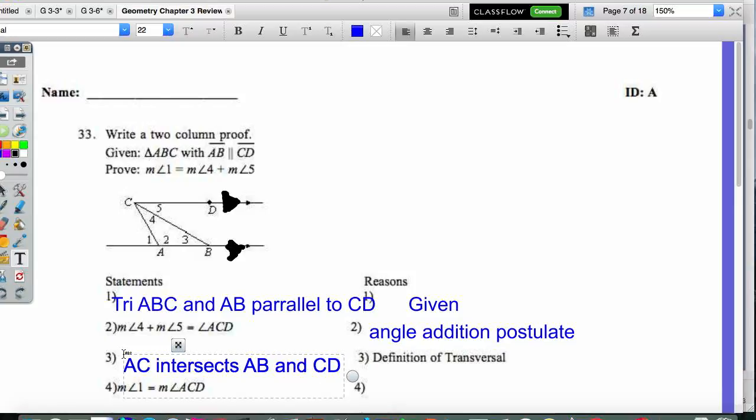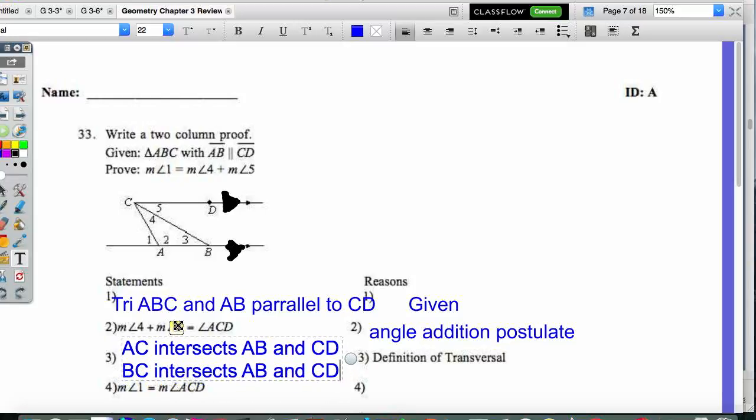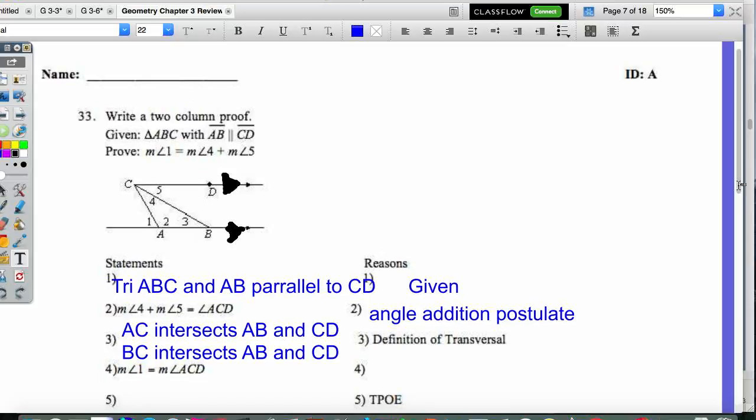And I'm also going to write that BC intersects AB and CD. I'm getting a little picky here because if I'm going to talk about a transversal, then I want it to actually say transversal. A lot of problems we have don't involve this step, but if you got something that had this step, I want you to be able to do it.